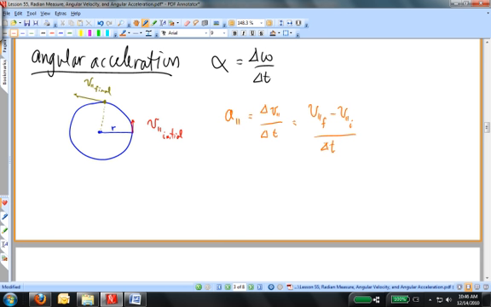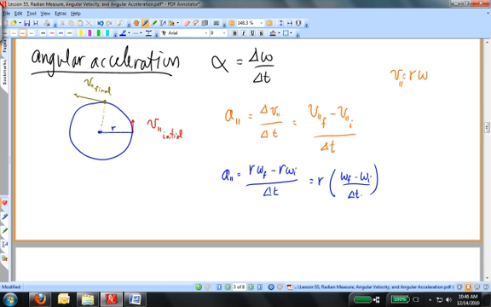But what is the tangential speed? The tangential speed is equal to r times the angular speed. So I could make a substitution in here, r times omega for each of the speeds. If the radius is constant, I can factor that out, so that I'm going to have r times omega final minus omega initial divided by delta t.